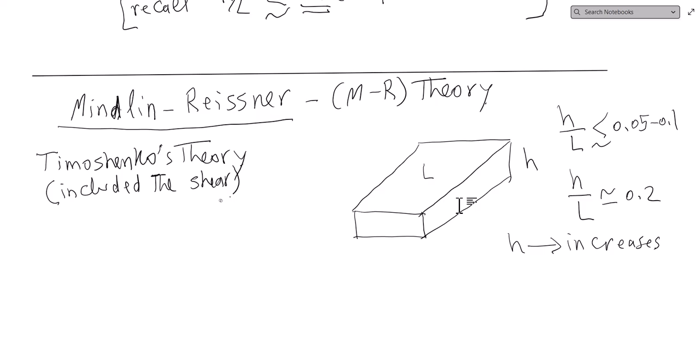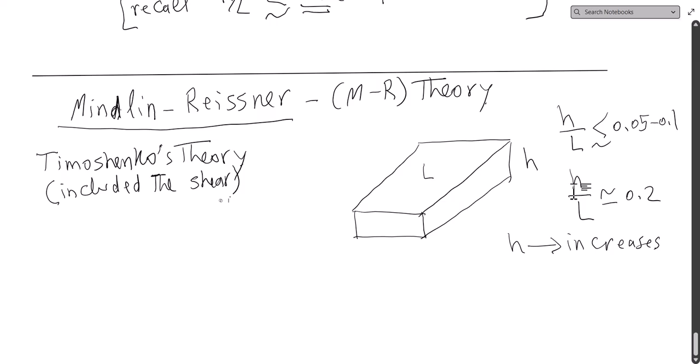Now, which one is which, and when to use which one? Well, in practice, we usually treat slender plates, with a thickness around 5 to 10% of the in-plane dimension, with the Kirchhoff-Love theory.